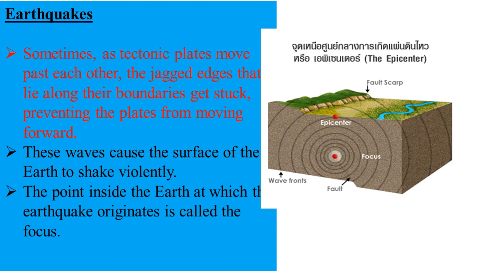Next, we will see earthquakes. As tectonic plates move past each other, the jagged edges that lie along their boundaries get stuck, preventing the plates from moving forward. So enormous pressure builds up at the point. When the plates break free, the stress that had accumulated at the point is released as waves, which rapidly spread across the surface of the earth.